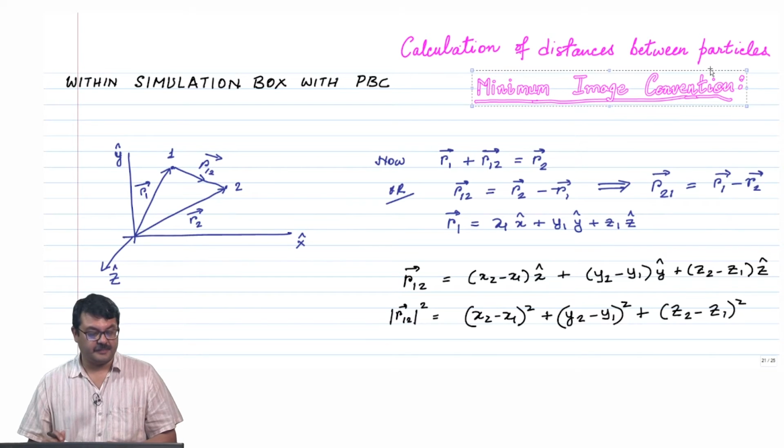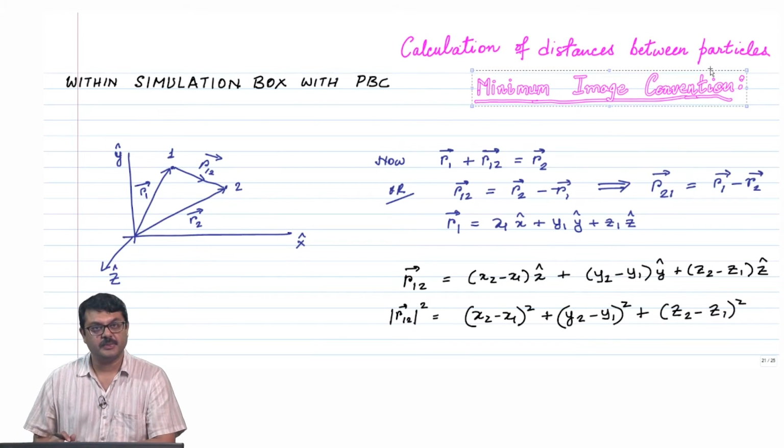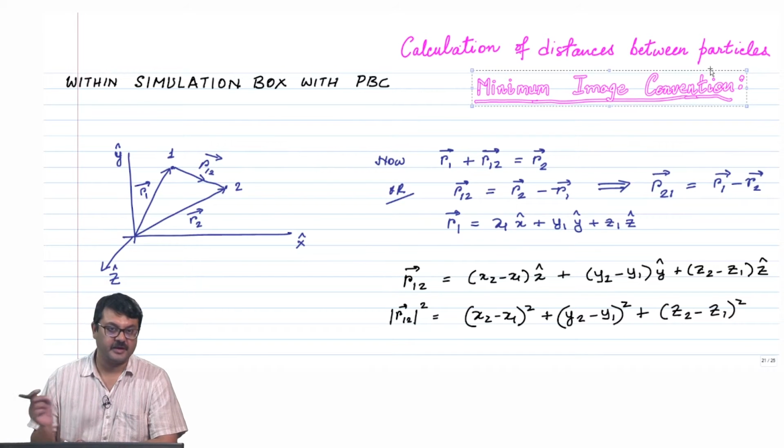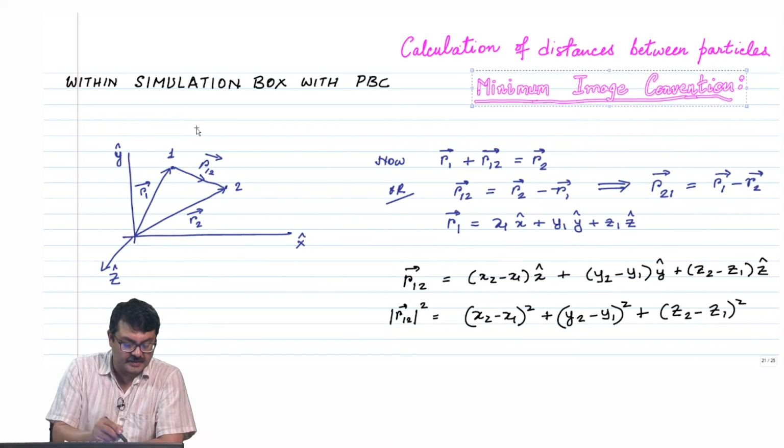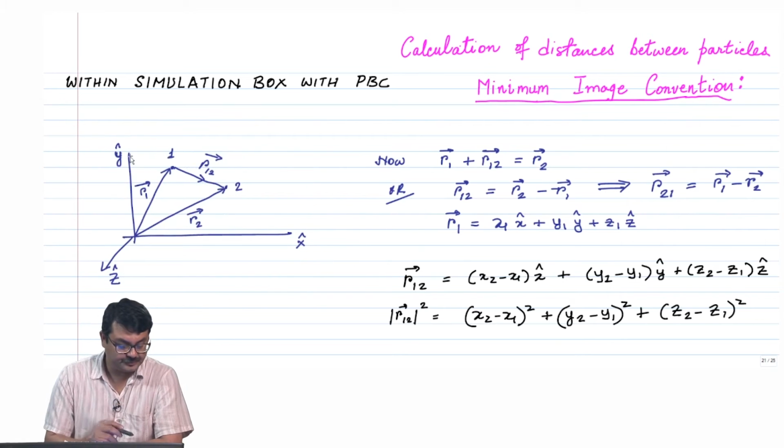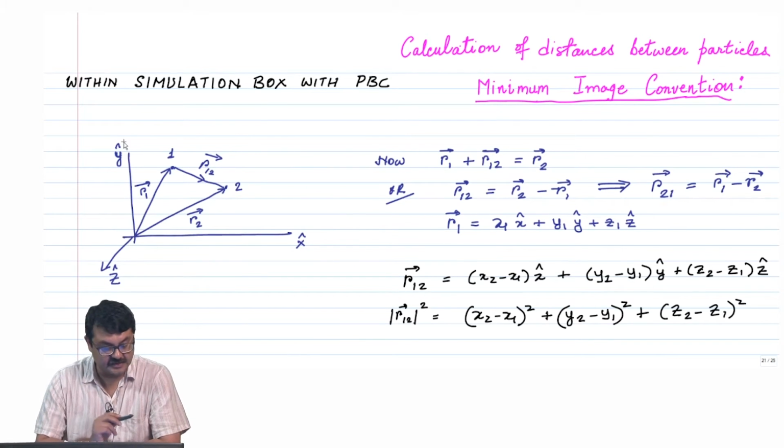Now, how do you usually calculate the distance between two particles or two points? Suppose this is an XYZ coordinate system, and this is point number 1 and this is point number 2.